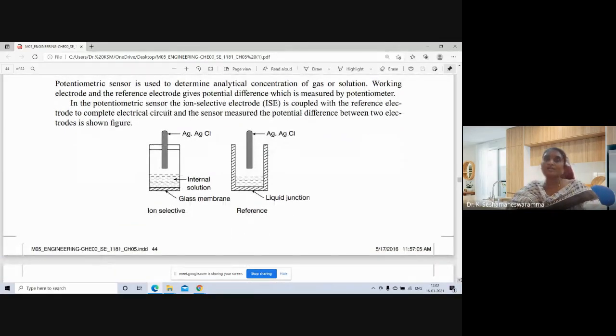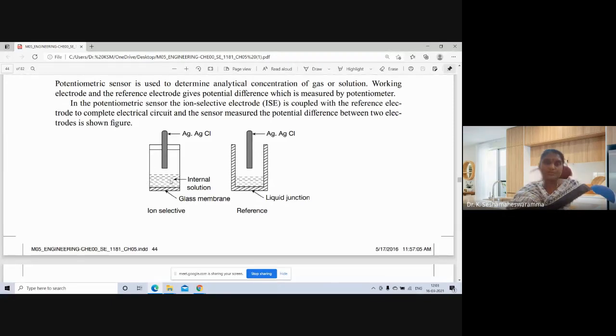The working electrode and the reference electrode give a potential difference which is measured by the potentiometer. Here we use an ion selective electrode as the working electrode, and the silver chloride electrode is the reference electrode to complete the electrical circuit. The sensor measures the potential difference between the two electrodes, as shown here.